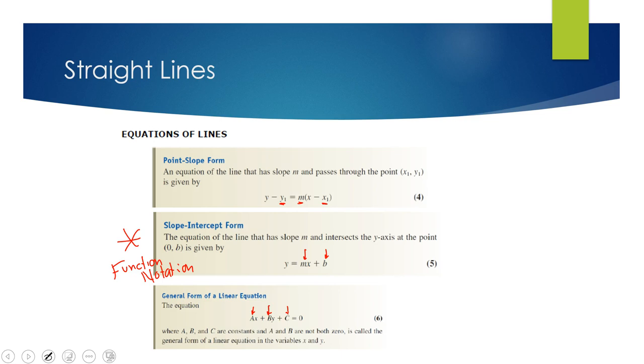What's good about these two is that you have plenty of information about the line just based on looking at the equation. So the information is easy to see. Whereas in general form, it's not really easy to see. You'd have to do some kind of either mental calculation or work it out on paper to figure out what the actual equation of the line is.